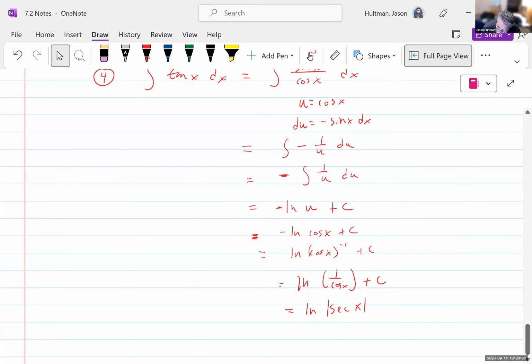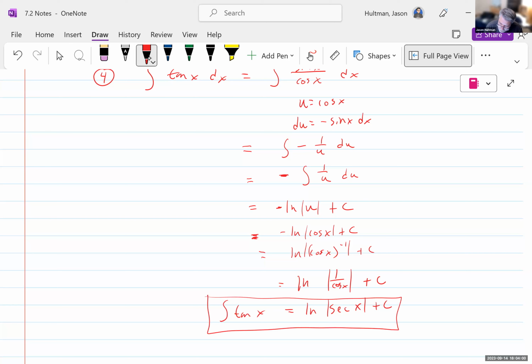Absolute value, I forgot my absolute values. Okay, natural log of absolute value secant x plus c. So what is the integral of tangent x? It's the natural log of secant x plus c.